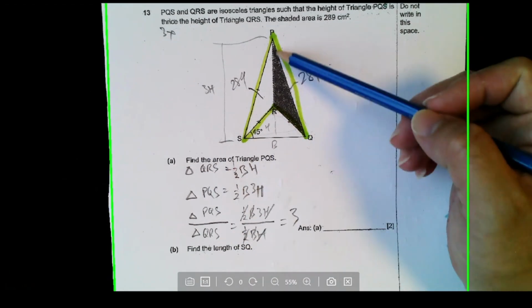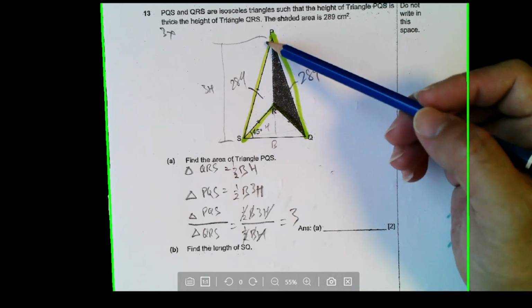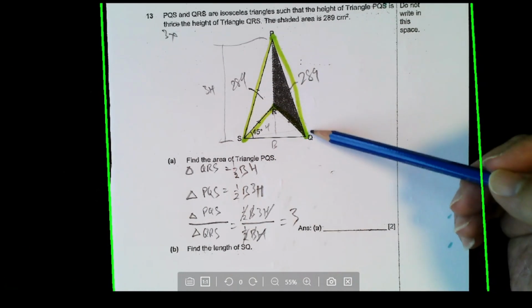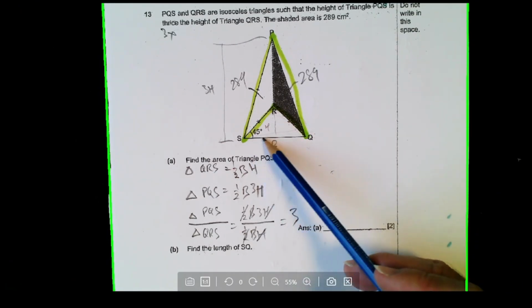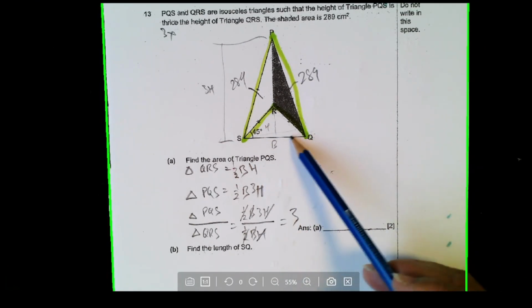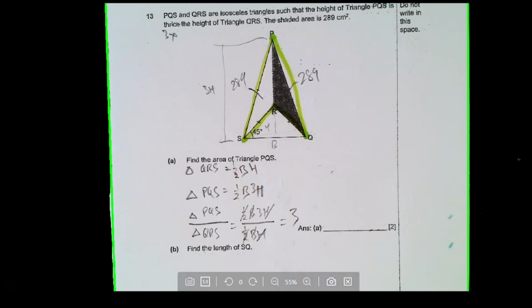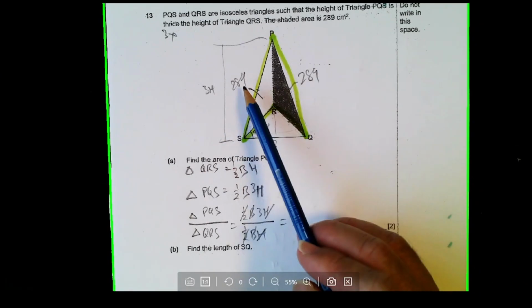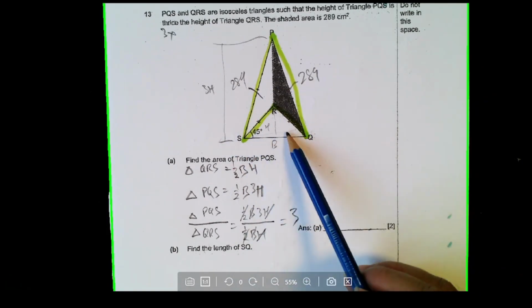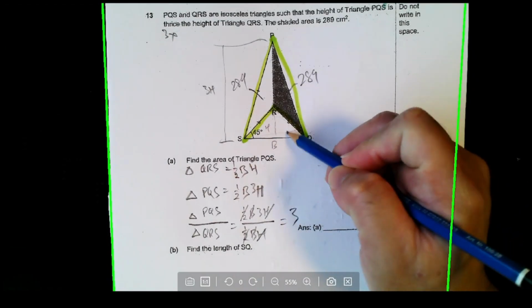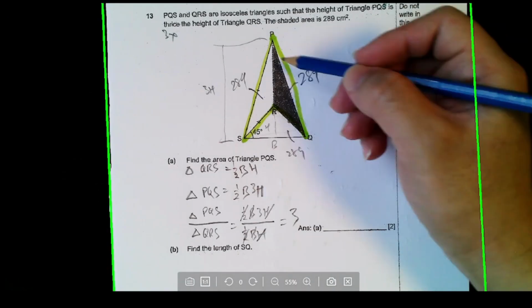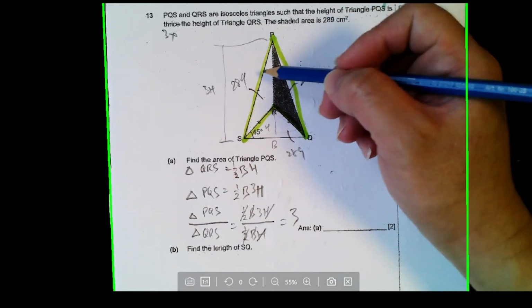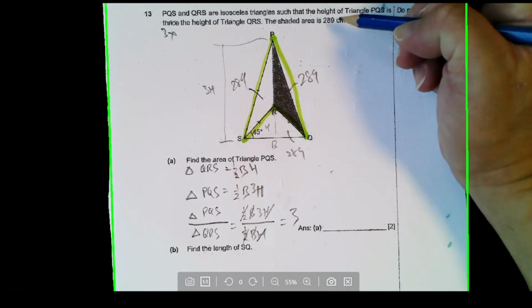And I told you this one, the green part, must be 2 times the small triangle QRS. If this is 289 and it's 2 times, so the small triangle must be 289. Okay, add together, the big triangle, check.